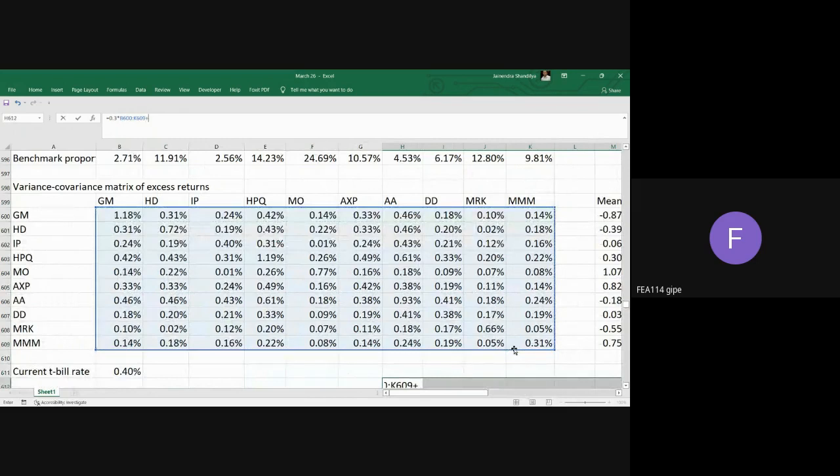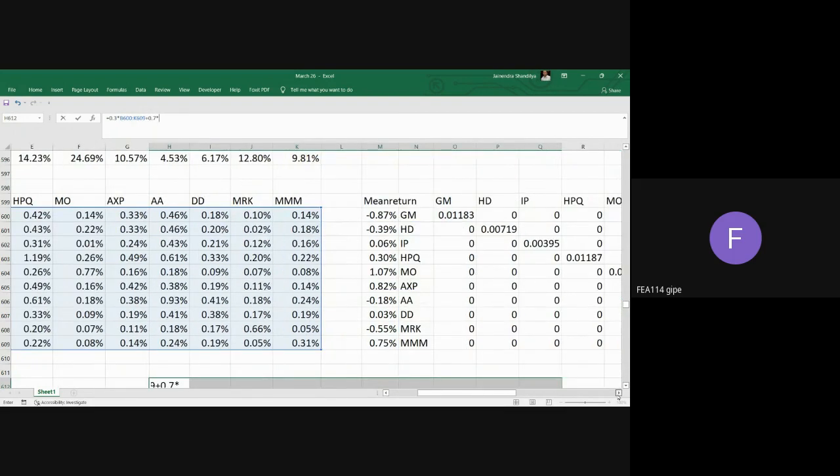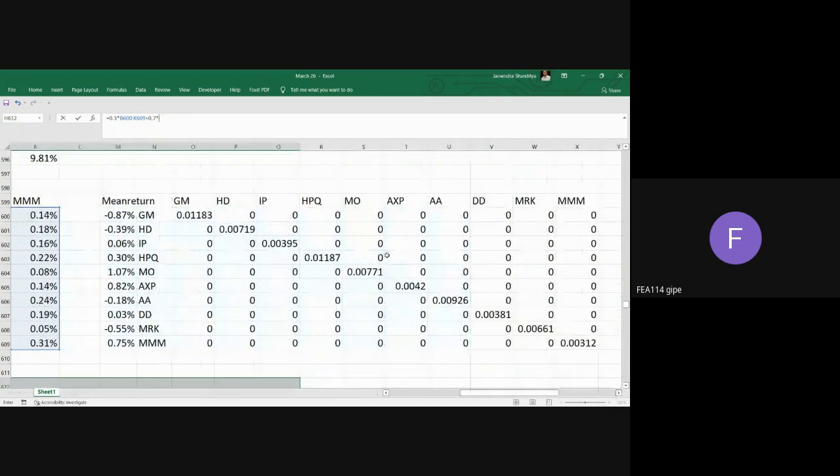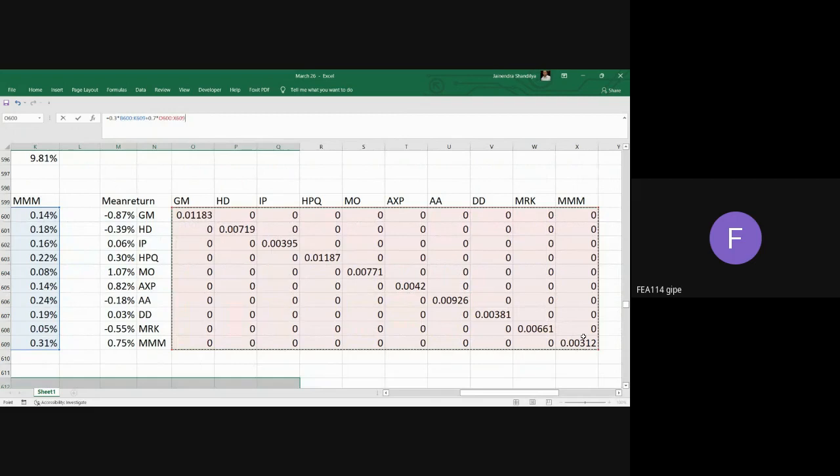Then I add 1 minus 0.3, which is 0.7, into the other matrix, which is what I calculated. The other matrix is here, so I calculate it, and then I am done.